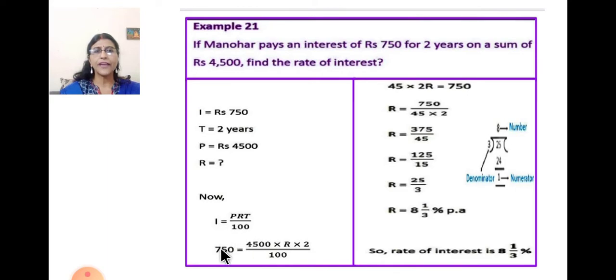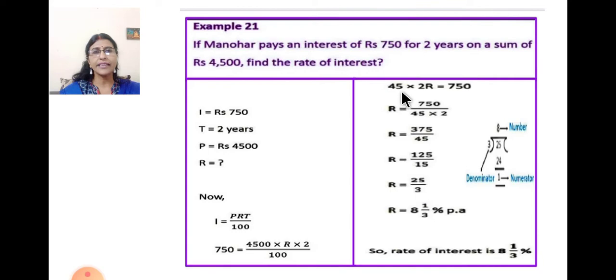Now in place of I, we'll write 750 is equal to, in place of P, we will write here 4,500. R we don't know, multiplied by R into time we know, time is 2 years, so we'll write into 2 upon 100. And then what we'll do, we will cut this 0, this 0 will be cut. So we'll get 45 into R into 2.